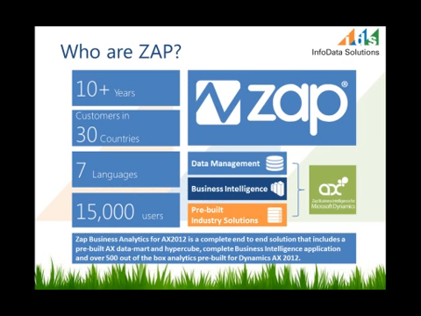So, what is ZAP? Who are ZAP? They've spent over 10 years developing their products. They work in 30 countries and 7 languages and have over 15,000 users. It's a product that works 100% on Dynamics. It doesn't mean that we can't take data from other databases or other products, but ZAP BI is designed around the Dynamics suite.